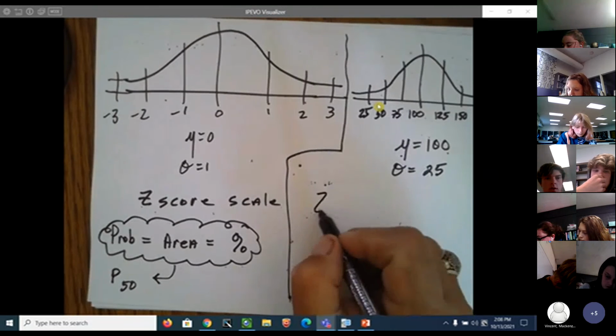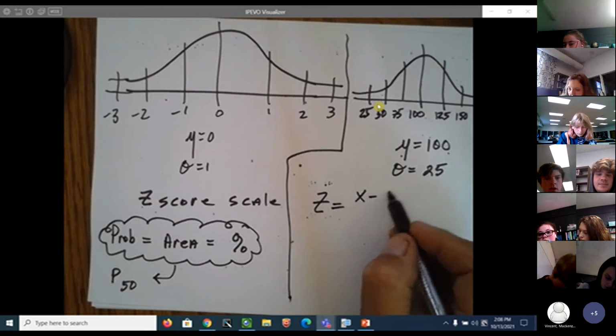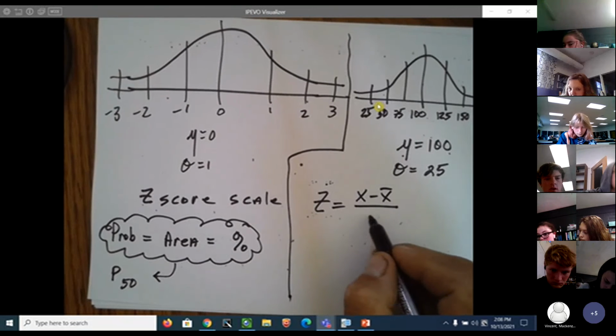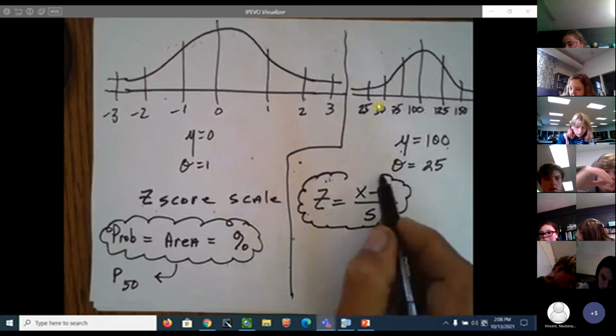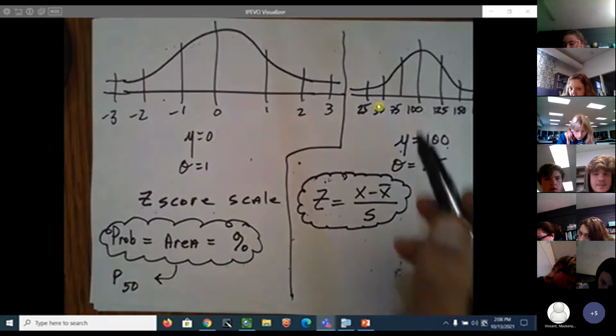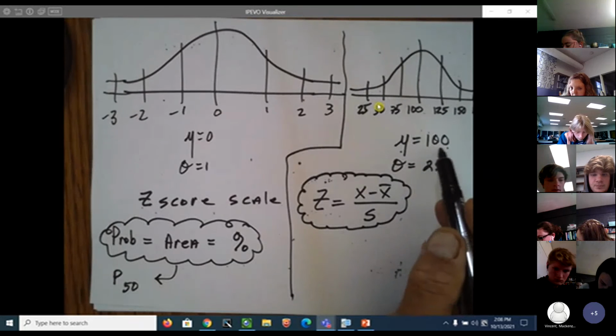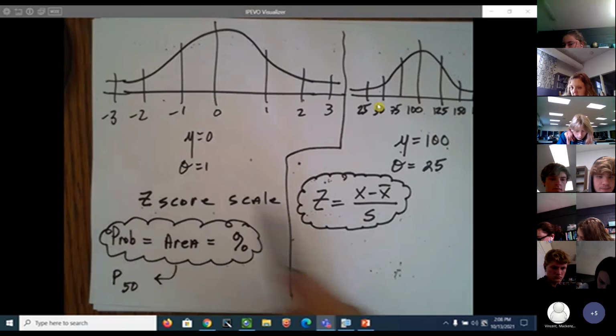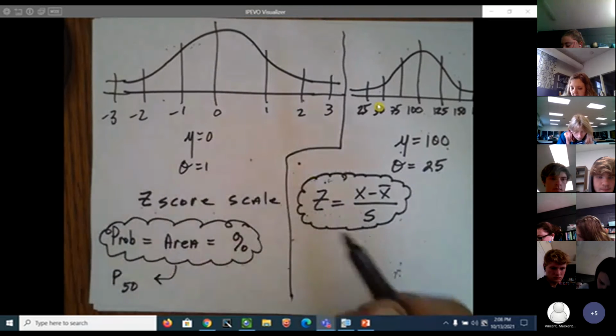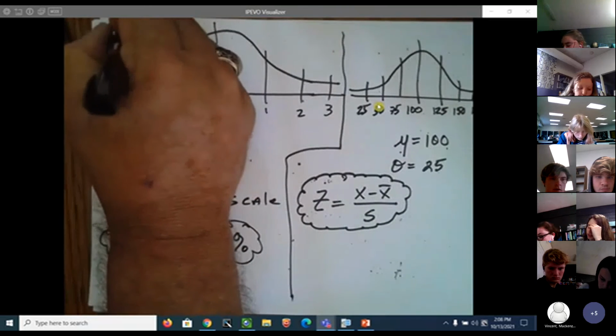Here we got to know the z-score is equal to x minus x bar over the standard deviation. You got to remember that when you're talking about mu equal to a number greater than 0 and the standard deviation a number greater than 1. So these are your two type questions that you're going to see in 7.2.